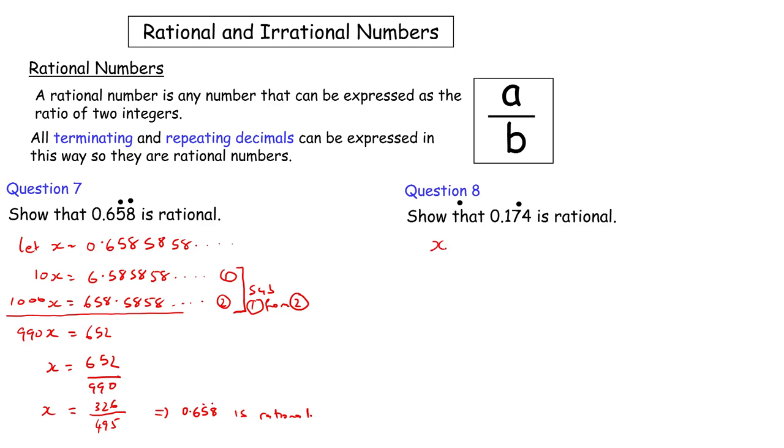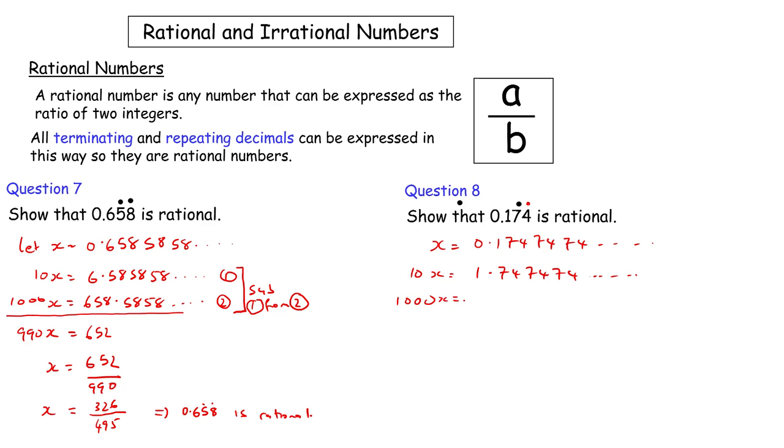So that means x is going to be equal to, let's put a decimal back there, 0.1747474 recurring. 10x is going to be equal to 1.747474. So I've managed to get my recurring decimal there. And then to get the 74 over to the other side, I've got to multiply x by 1,000. Because I need these 3 terms, 1, 2, 3, so I need 3 zeros.